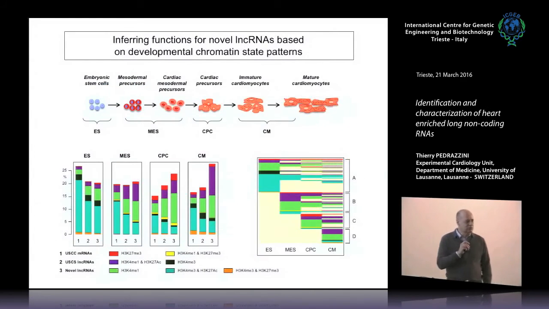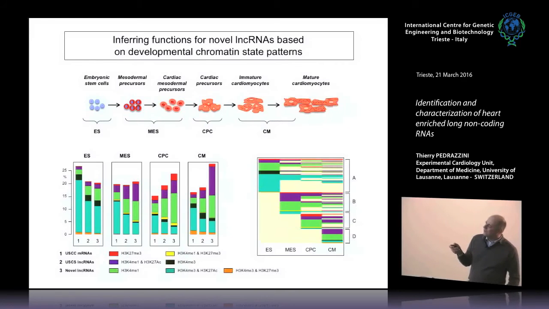This is also true when you assess differentiation. This is an experiment in which we differentiated ES cells into cardiomyocytes using a particular method that we call the hanging drop. You can define different stages: the embryonic stem cell stage, the mesodermal stage, the cardiac precursor stage, and the cardiomyocyte.